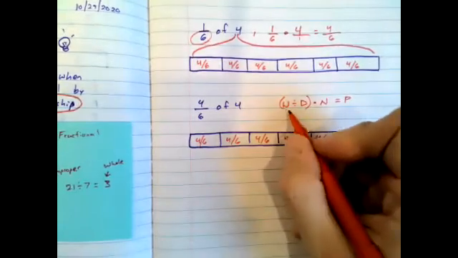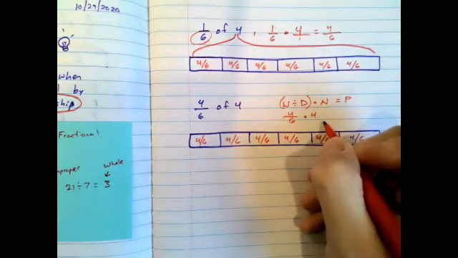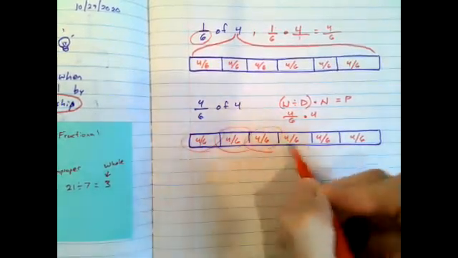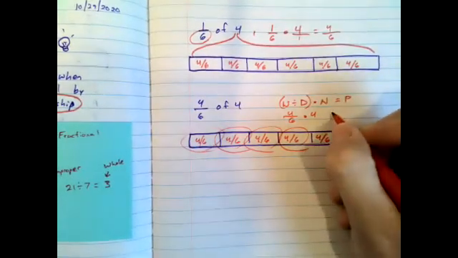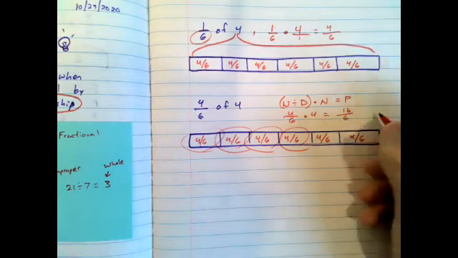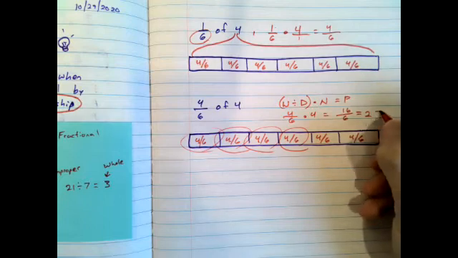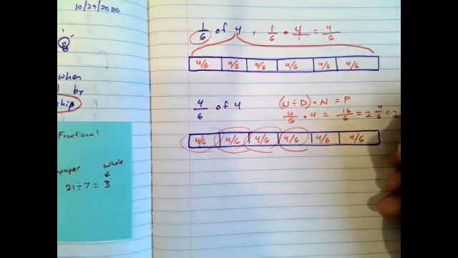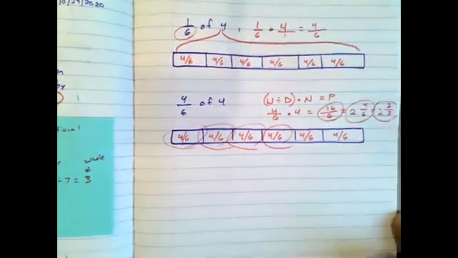I'm saying 4/6 times 4. So let's add those up: 4, 8, 12, 16. It equals 16 over 6. Let's divide that down. 16 divided by 6 is 2. What's the remainder? 4/6. So 2 and 4/6, or 2 and 2/3. Either one is correct.